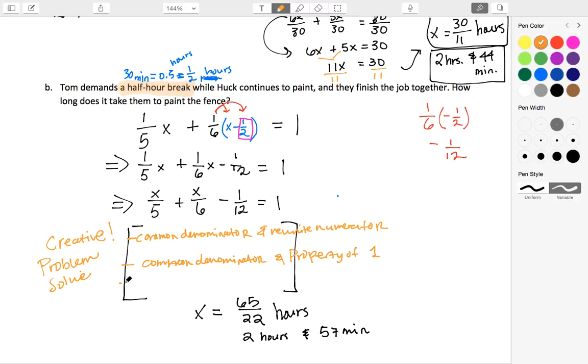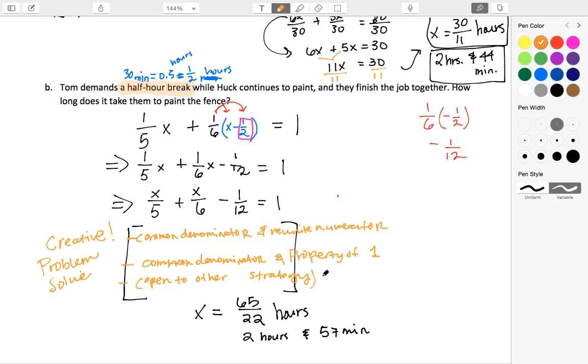And I'm going to leave this open to any other suggestions for finding x if you have them as well. So open to other strategies. Alrighty.